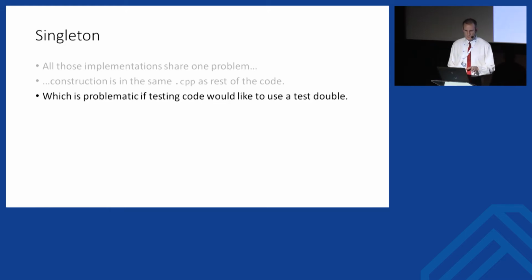I will mostly refer here in this presentation to mocks, as the title says, but this applies to other test doubles as well. The same approach can be taken with fakes or stubs.